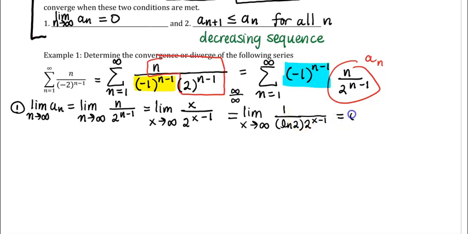And now that limit clearly goes to 0 because the denominator is the only place where x shows up. So we've shown that the first condition of the alternating series test is satisfied.